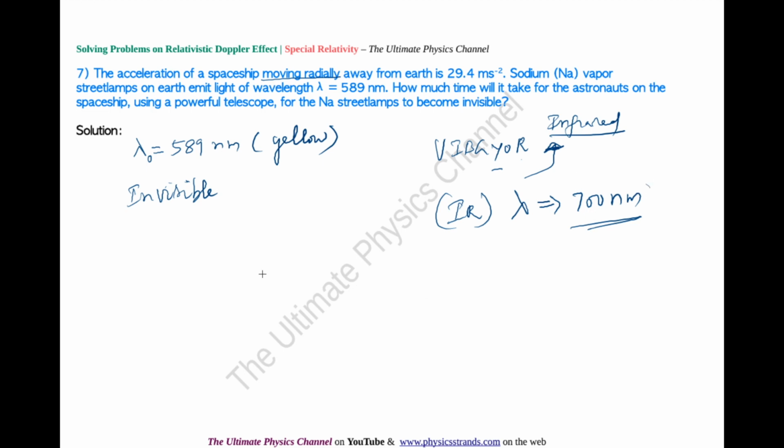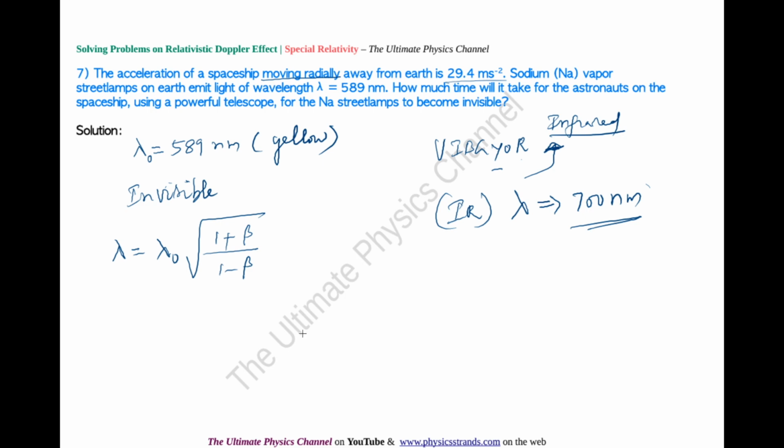In this case specifically, lambda is equal to lambda naught square root of 1 plus beta over 1 minus beta, because it is receding away from us and wavelength is increasing, so it has to be plus on the numerator and minus in the denominator. Right. So we are given acceleration rather than the velocity here, so we have to use that and try to work this out.